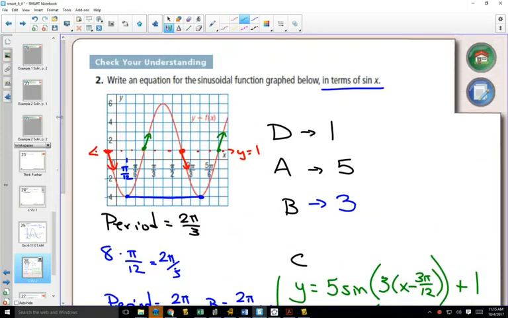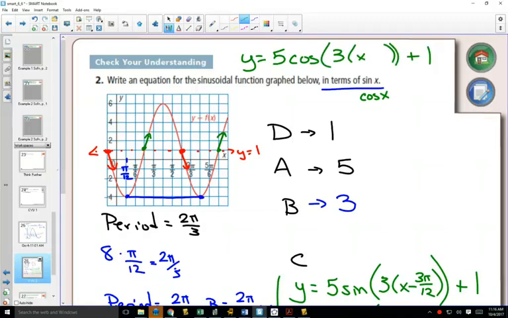What would happen if I would have changed this question and said in terms of cos instead of in terms of sine? Well, can you see that if I say cos, has my center line changed? Has my amplitude changed? Period changed? None of those things, the d, the a, and the b, they don't change. So we'll just write one of them, so this is going to still be 5. Instead of sine, we could write cos. We still have a 3 here.